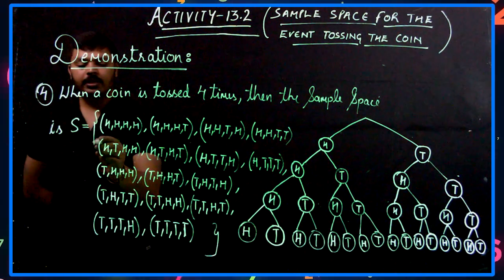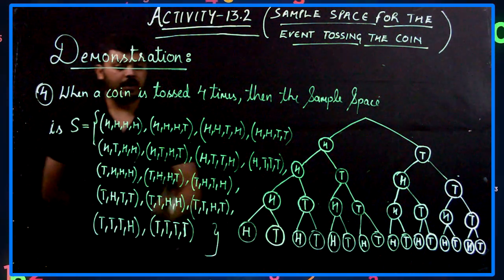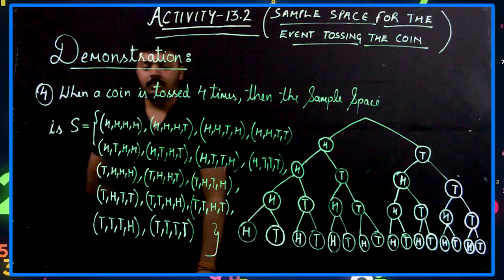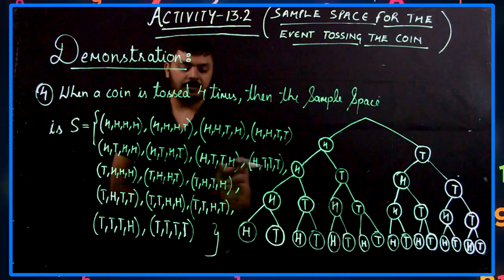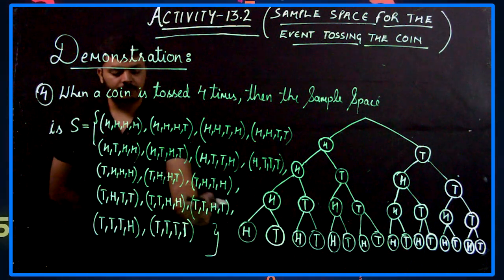So this is the complete sample space when a coin is tossed 4 times, and the number of elements are 1, 2, 3, 4, 5, 6, 7, 8, 9, 10, 11, 12, 13, 14, 15, 16.